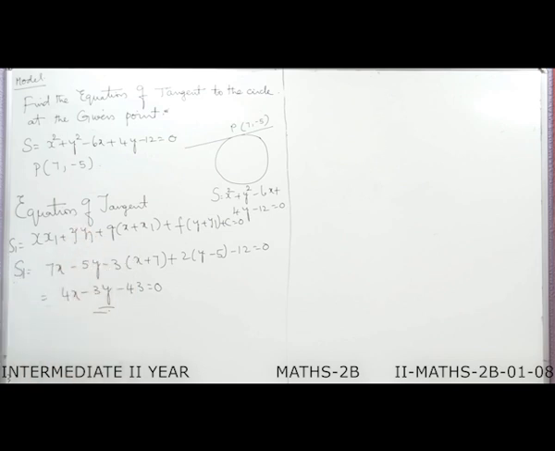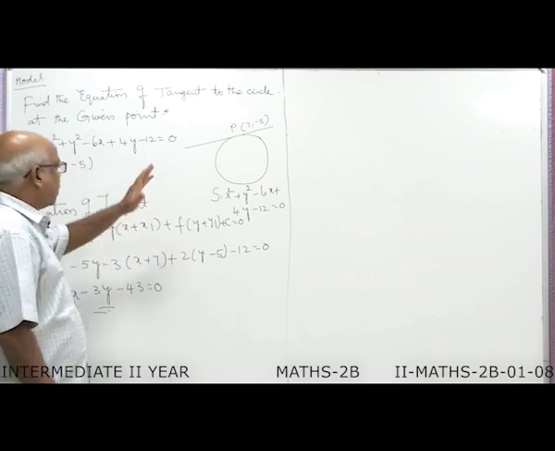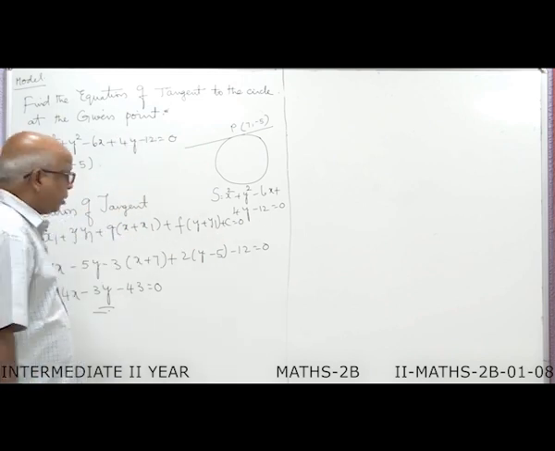7x minus 3x. How did you obtain 3 here? Half of x coefficient will be your g. Half of y coefficient will be f. Constant will not have any change.